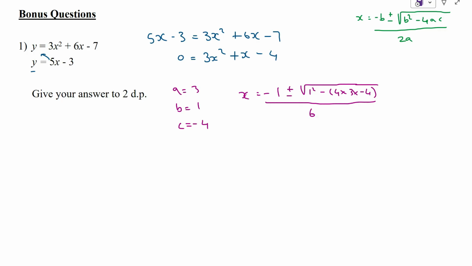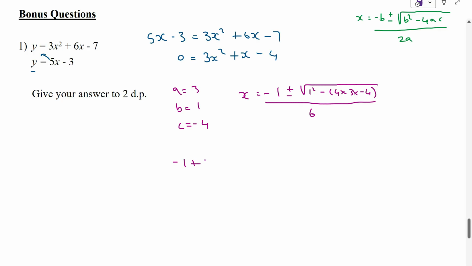Now, as this is a quadratic, we need to have 2 values for it. So the way we are going to do that is we are going to write out 2 equations into our calculator, one with a plus sign and one with a minus. So I'm just going to write out both of the equations separately.